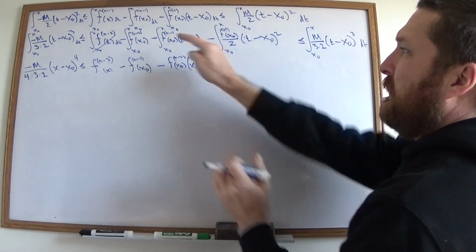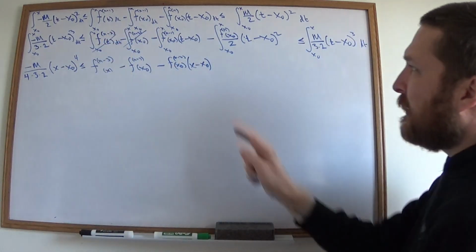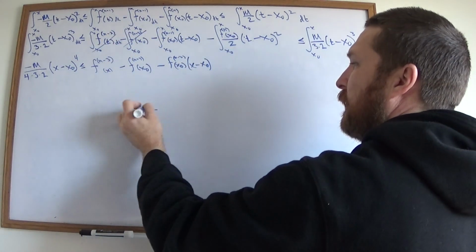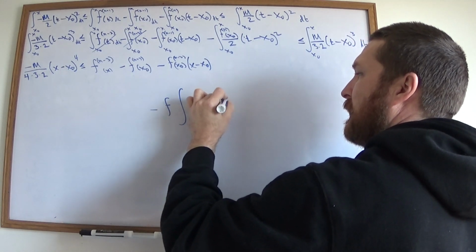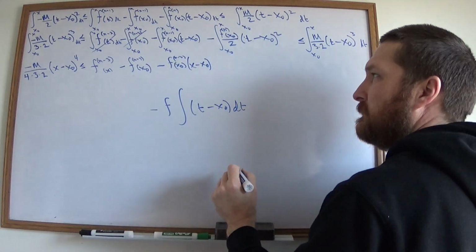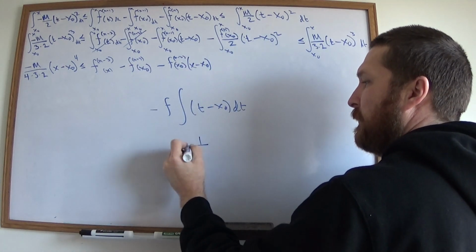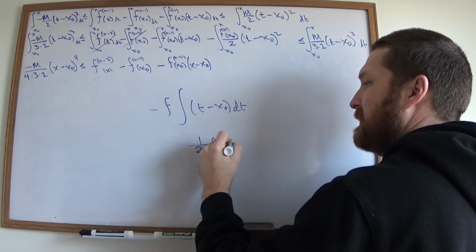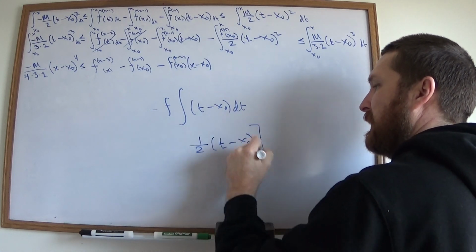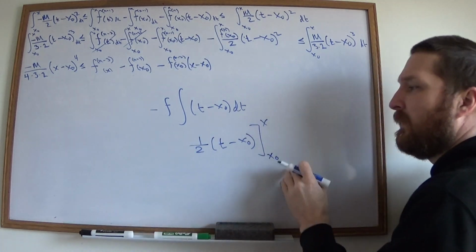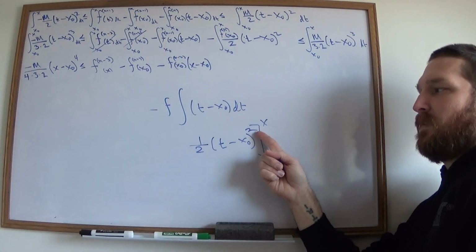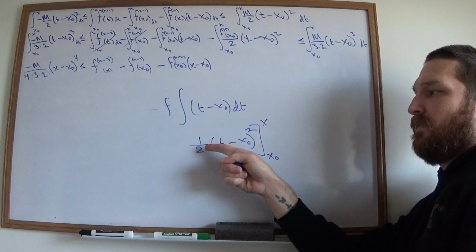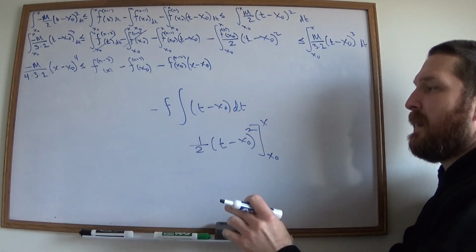This next one, so that guy's gone. This next one, we could pull out the constant and we're left with this. And so he would have had to have been a 1/2 t minus x0 evaluated at x and at x0. And zeros make it go away. Oops. Double check. Take the derivative. Drops down to that. Okay.